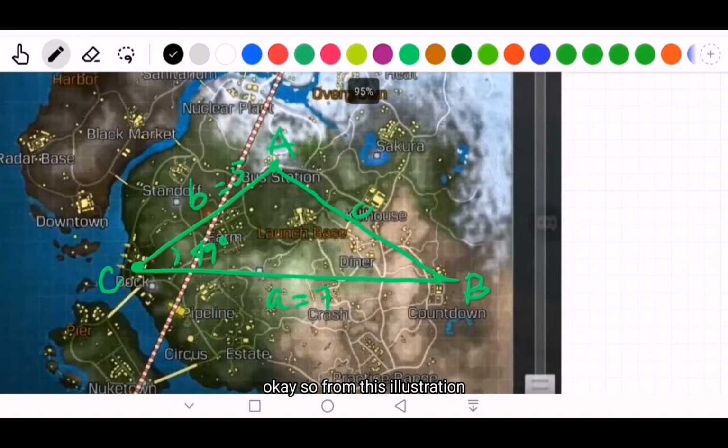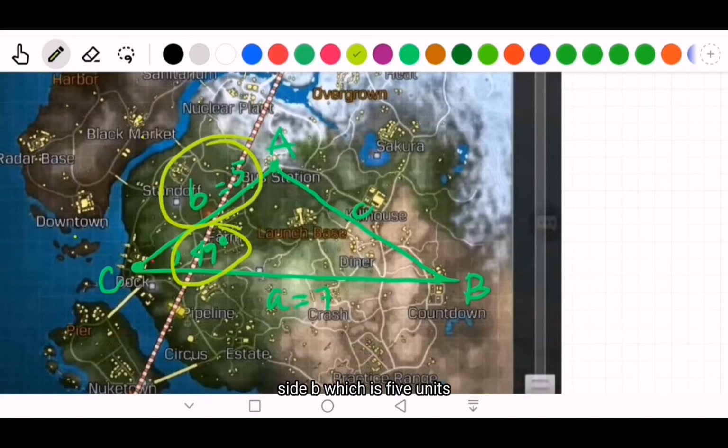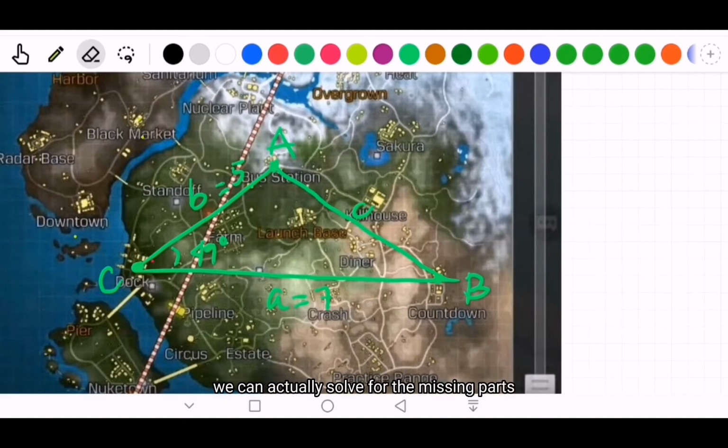From this illustration, we are given the value of angle C, which is 49 degrees, side B, which is 5 units, and side A, which is 7 units. By the use of the law of cosines, we can actually solve for the missing parts.